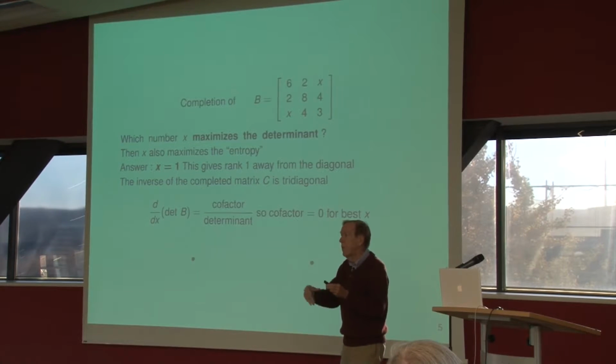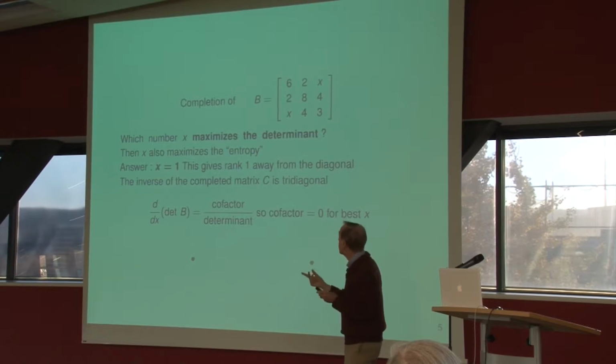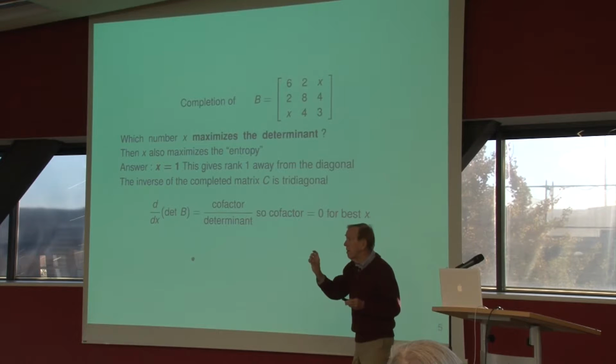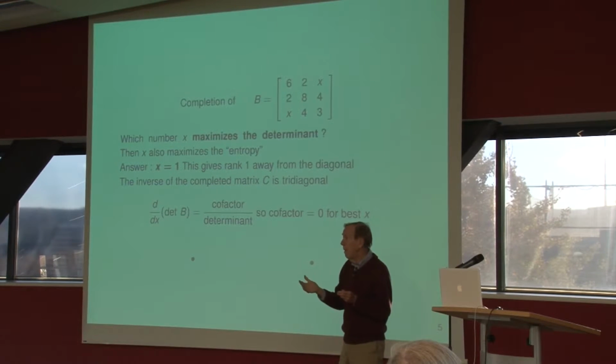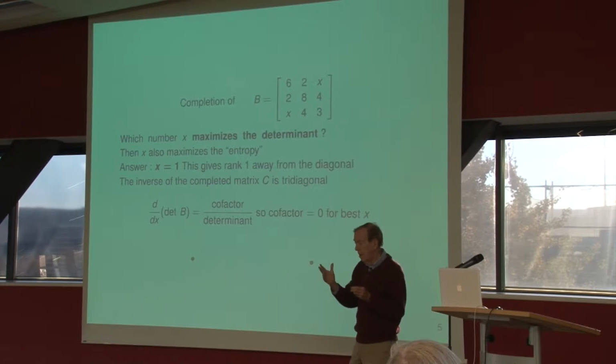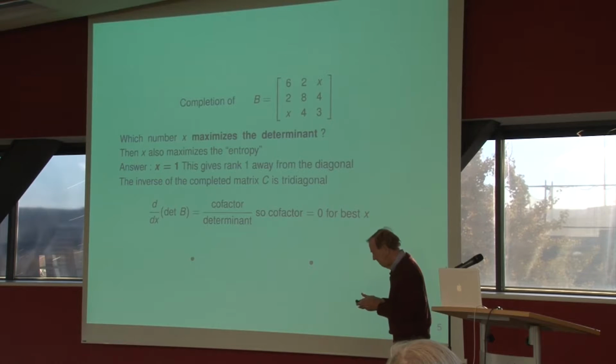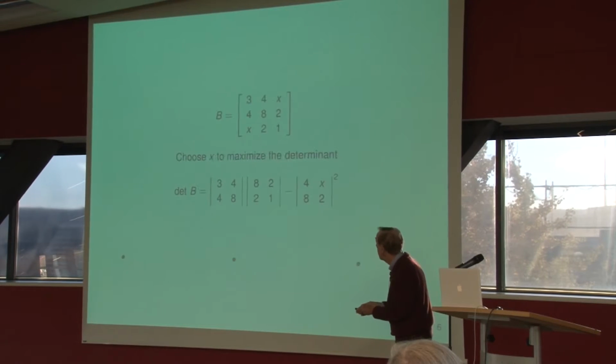We know that after completion, the inverse is tridiagonal again. That's great, attractive. Start with a tridiagonal matrix. Complete it in the best way, maximum determinant. Then the inverse of the completed matrix is tridiagonal again. Maybe it's on the next page.